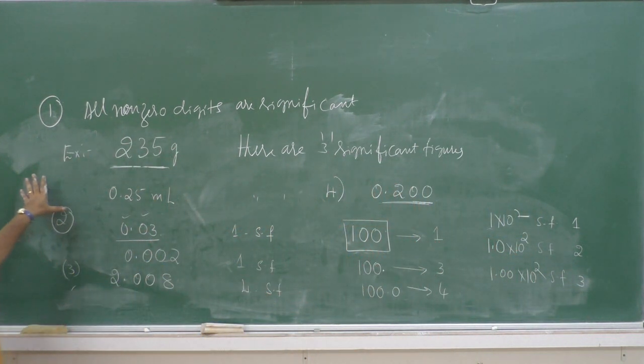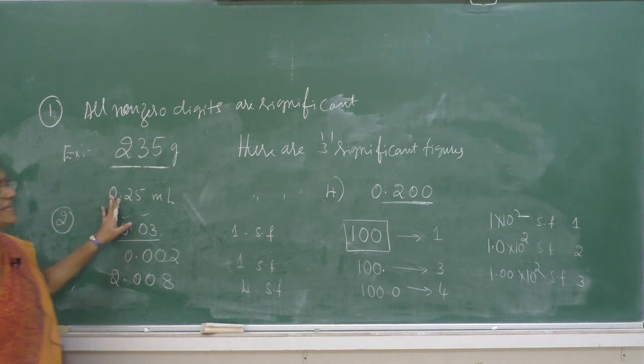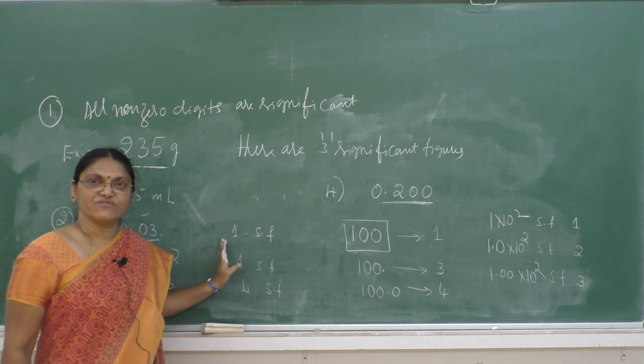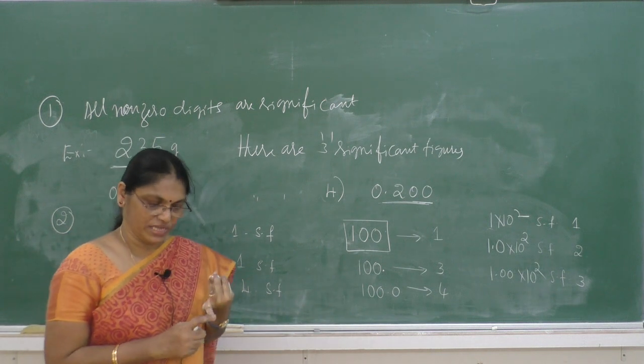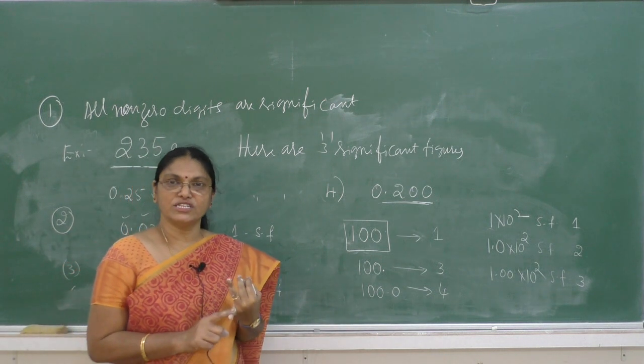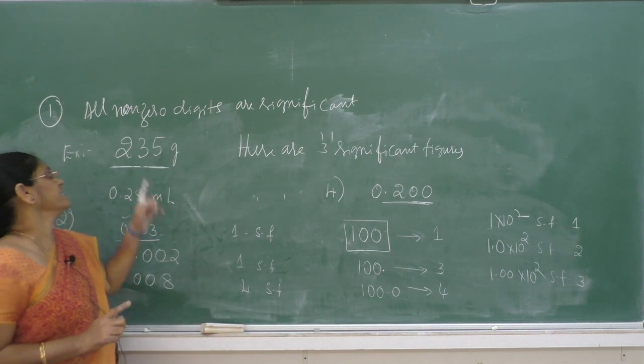So, this is about the rules used in assigning the significant figures. The first rule is all non-zero digits are significant.